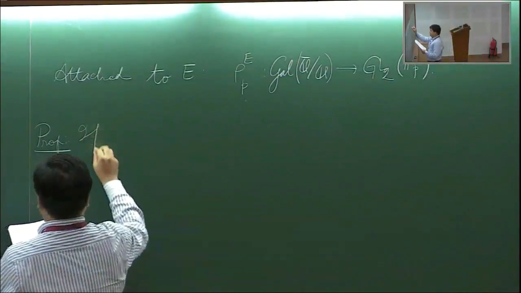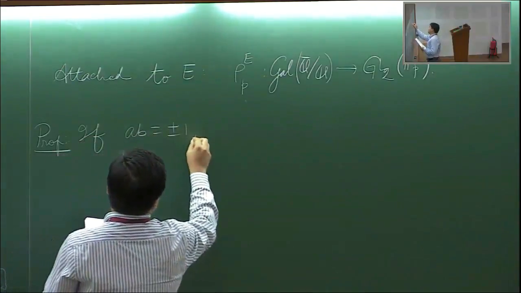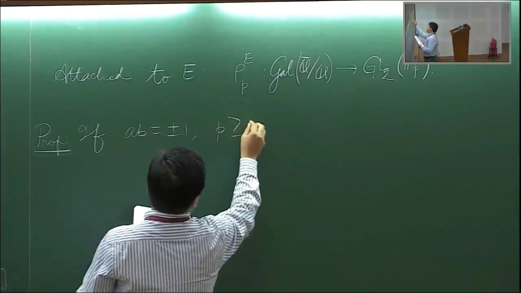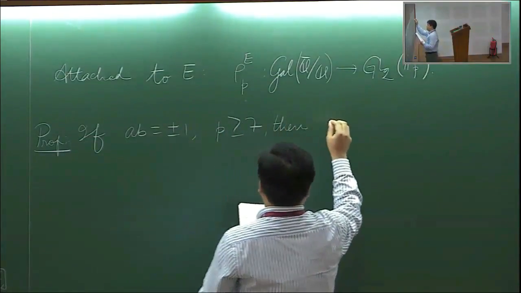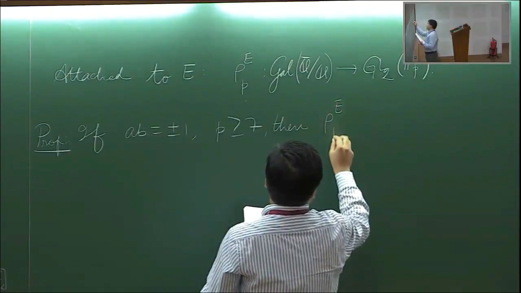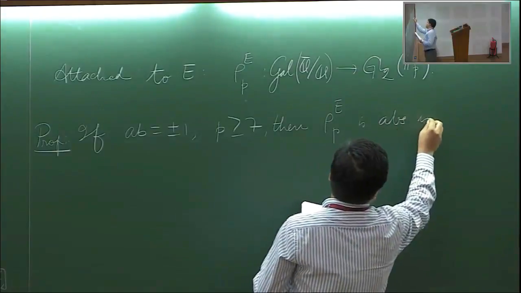So if AB equals plus minus 1 and P is bigger than or equal to 7, then rho_{E,P} is absolutely irreducible.